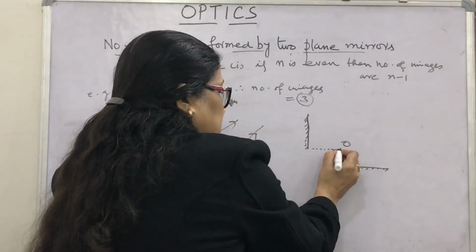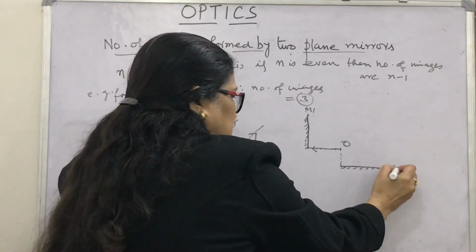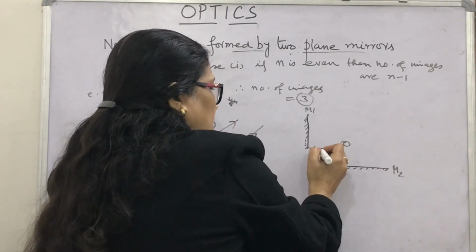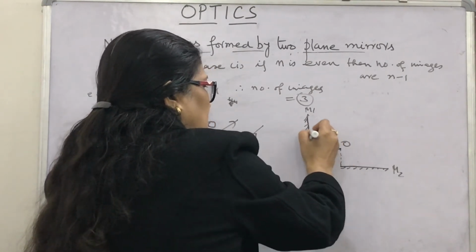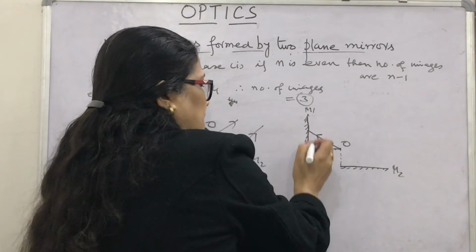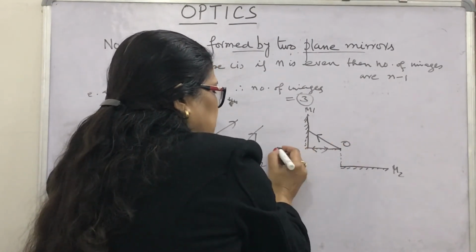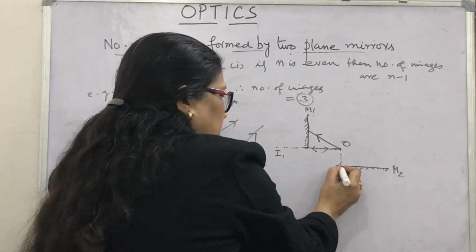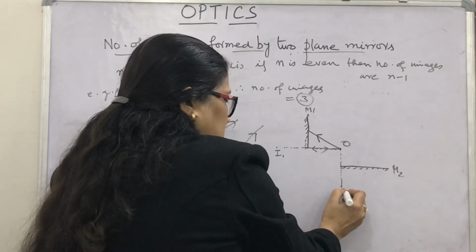If this is the incident ray at mirror M1, and M2 as per the previous names, then it will be reflected back. If this is another ray, then you find that this is the object distance and this will be the image distance. So an image will be formed somewhere here, I1. Similarly, an image will be formed by mirror M2 as I2.